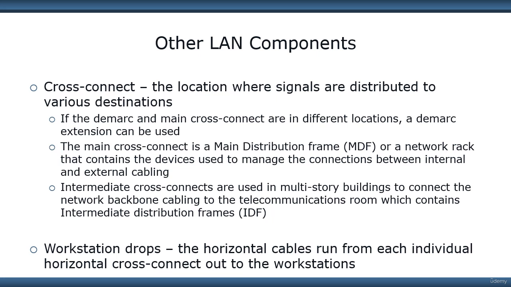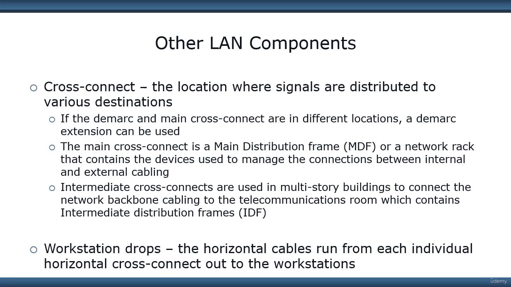The main cross connect is also called an MDF, or main distribution frame. It has a rack that has network devices that are used to manage connections between internal and external cabling. And then your intermediate cross connects are used in multi-story buildings, and that would be having a backbone of multiple switches connected directly.